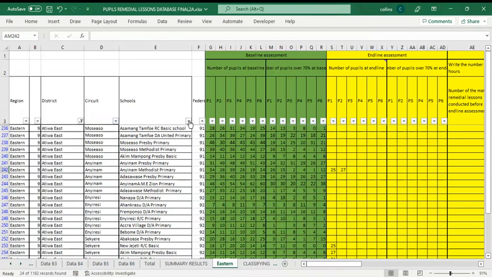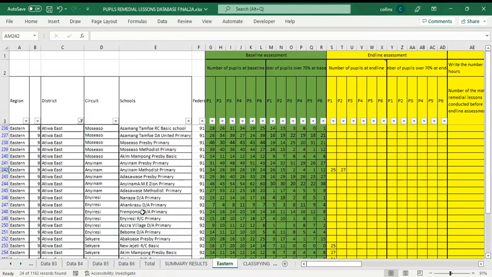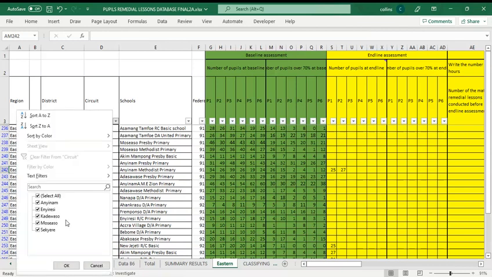Then let's say my school is Enyinam Methodist. So first of all, I select the district, and in this case it is Etiwa East. But you need to uncheck the select all, then look into the list and select Etiwa East. Then you select the circuit. Enyinam Methodist is in the Enyinam circuit.